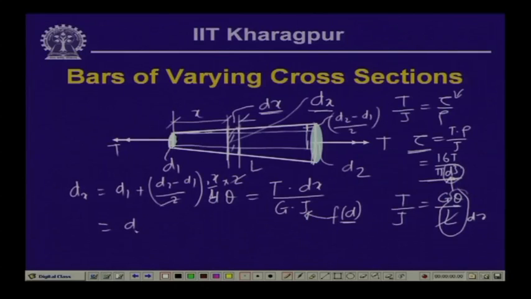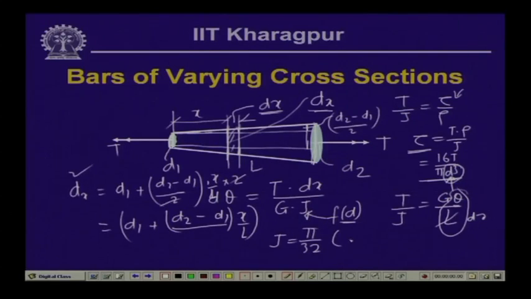So, this is equal to d 1 plus (d 2 minus d 1) times x by L. This is the diameter d x, and correspondingly the value of polar moment of inertia will be pi by 32 d x to the power 4. So, d x is now a function of x.